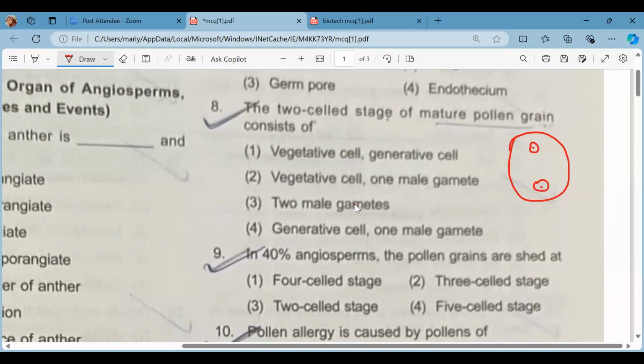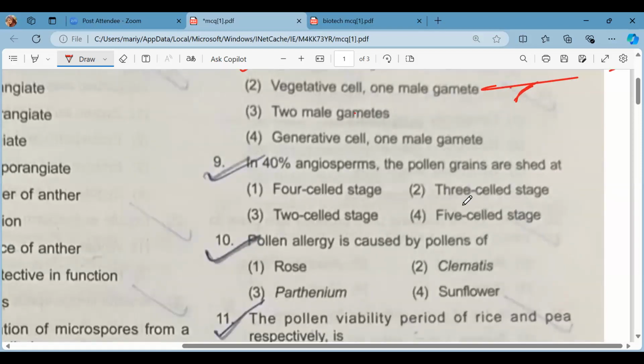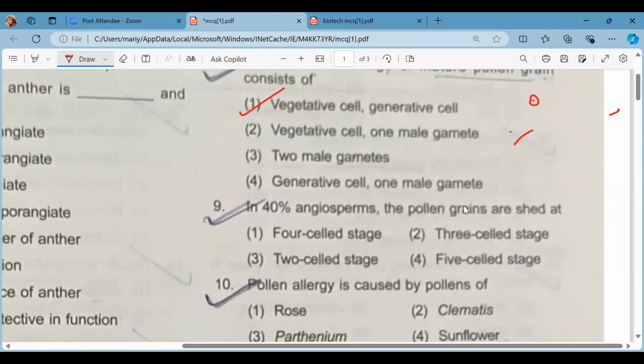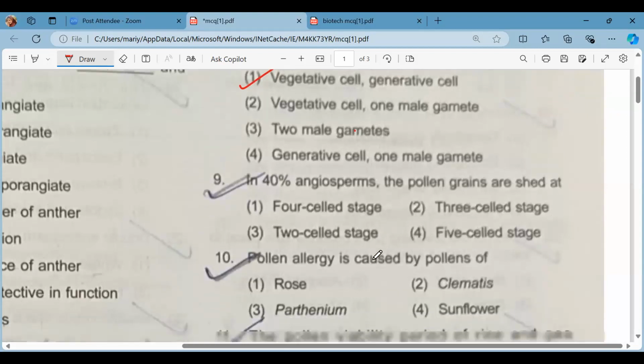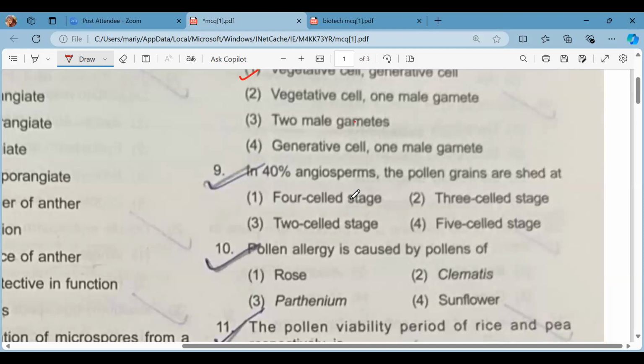Now, in 40% of angiosperms, the pollen grains are shed at which cell stage? Three cell stage. Correct.